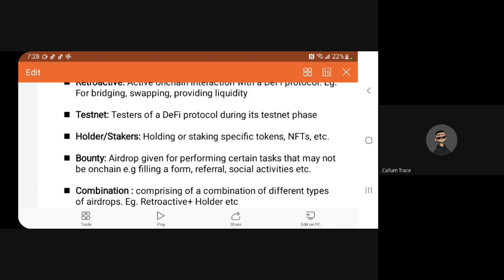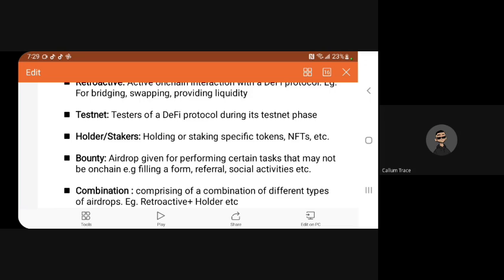Therefore, stakers airdrop is for people who provide liquidity, or you stake your money in a protocol, right? So this one is also a type of retroactive airdrop because it involves real money. You stake your money, you lend out your money to the protocol or to the exchange, and other products or brands come to build on that particular project or on that chain.